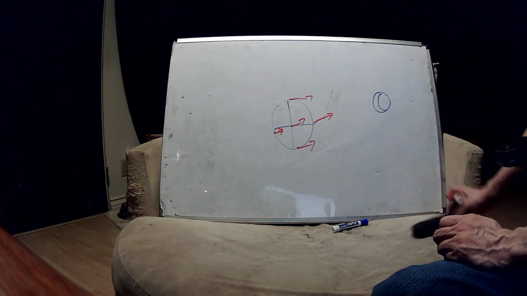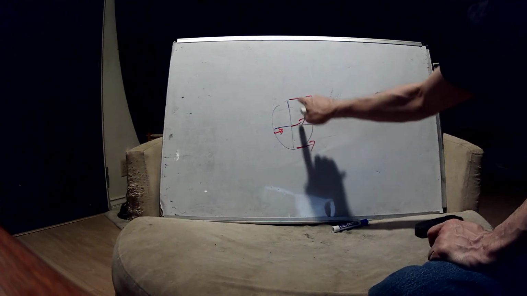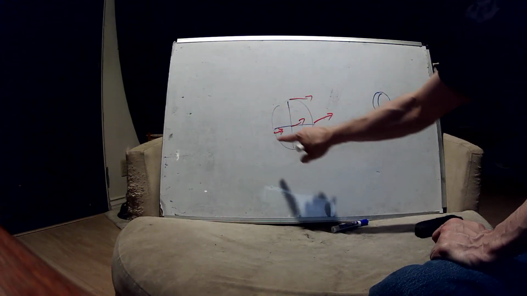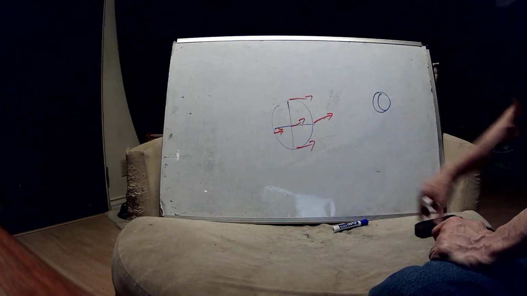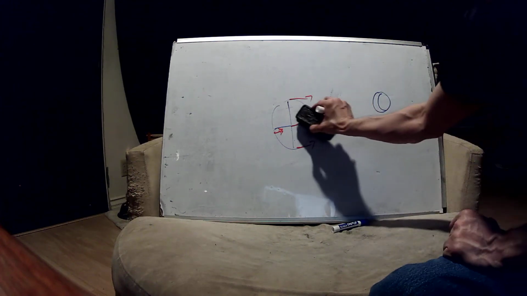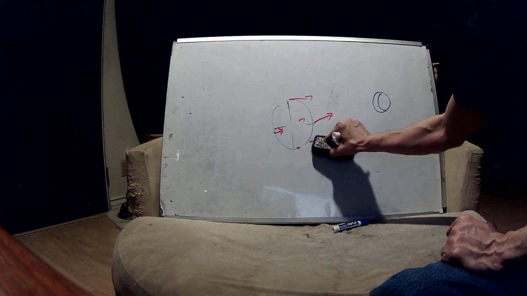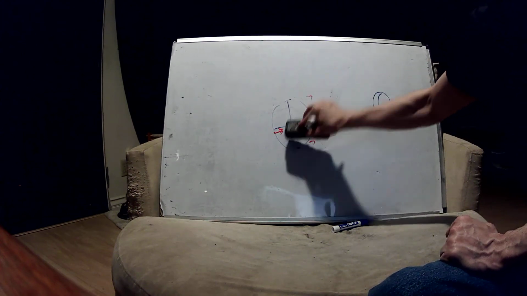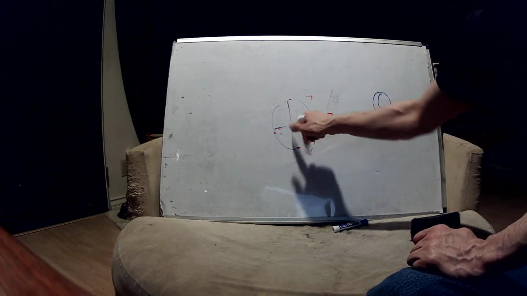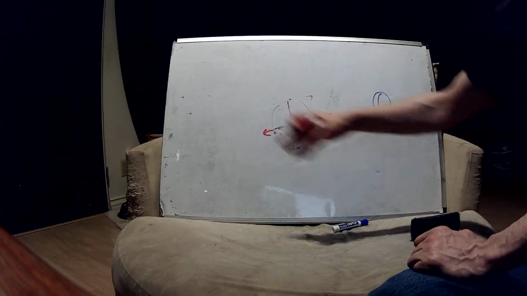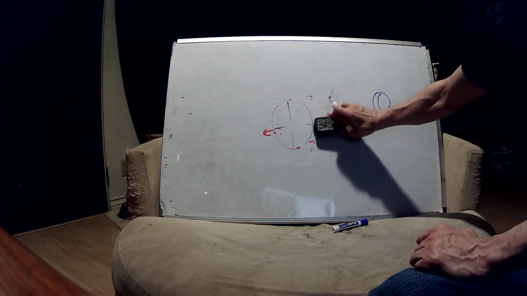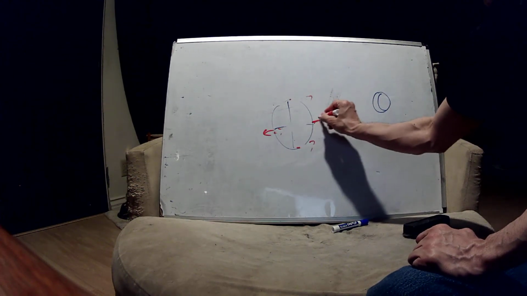Now, if we wanted to talk about the force that different parts of the Earth are going to feel relative to the middle, we'll call the middle 0. If the middle is 0, this is going to be less, and this is going to be more.